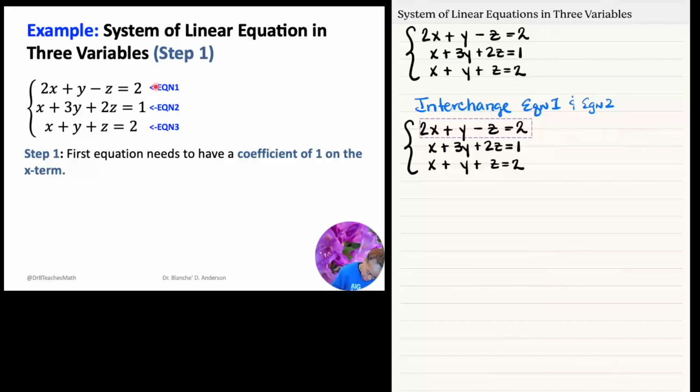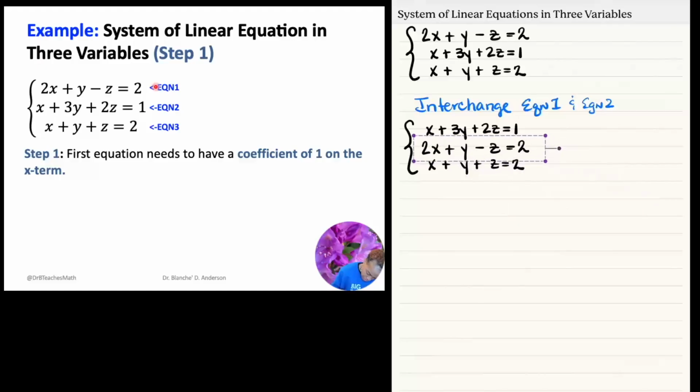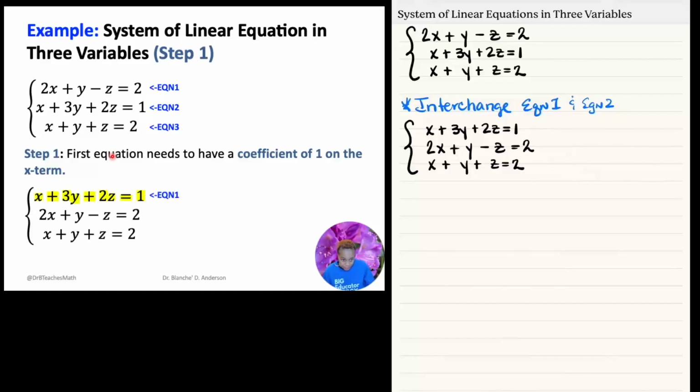I'm going to move this one here, and then move that equation up there, and then move this equation back here. Boom. So basically you're going to rearrange equation 1 and equation 2. Now notice that this equation here is now my equation 1. Then this becomes equation 2, and that becomes equation 3. That does not change at all.